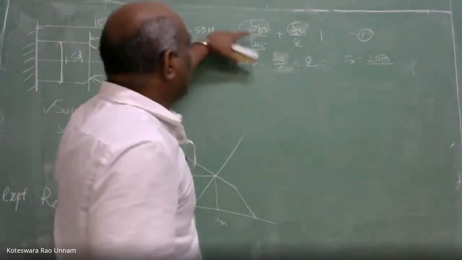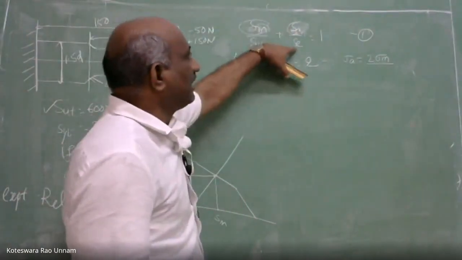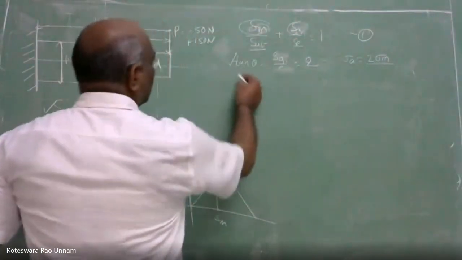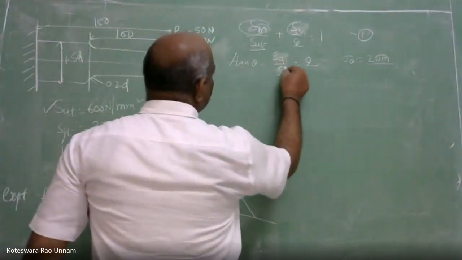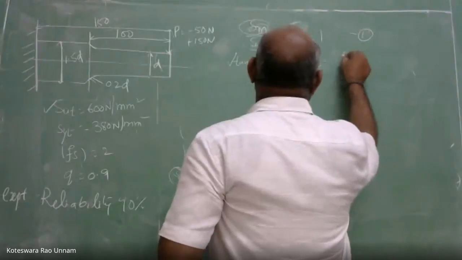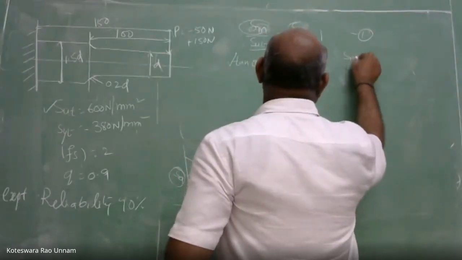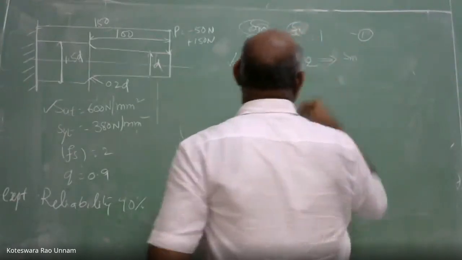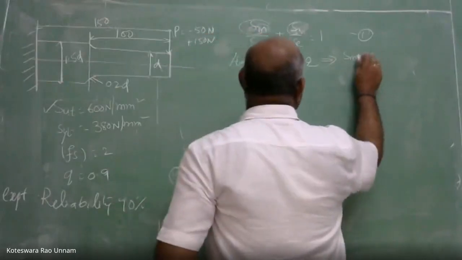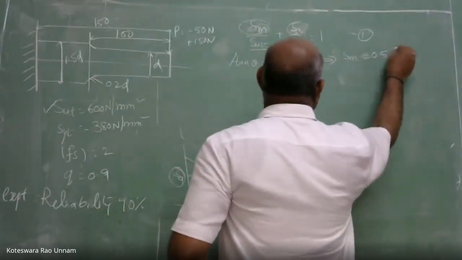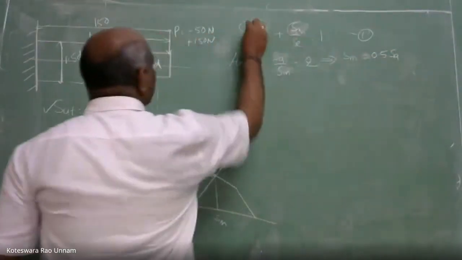That means here I am taking Sm by Sut plus Sa by Se equal to 1. So from this relation, Sa by Sm is equal to 2. I'll write it in terms of Sm. So from this, I can write your Sm is equal to 0.5 Sa. So now I'll take this and substitute here.